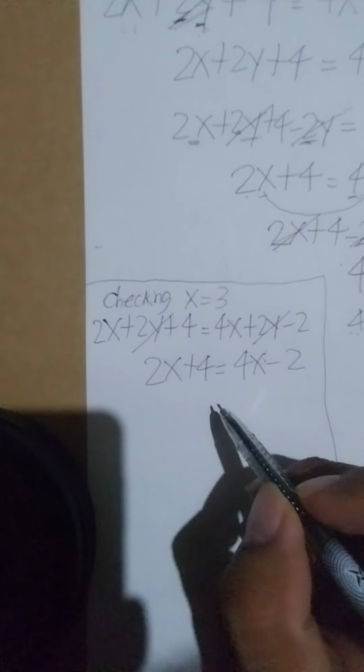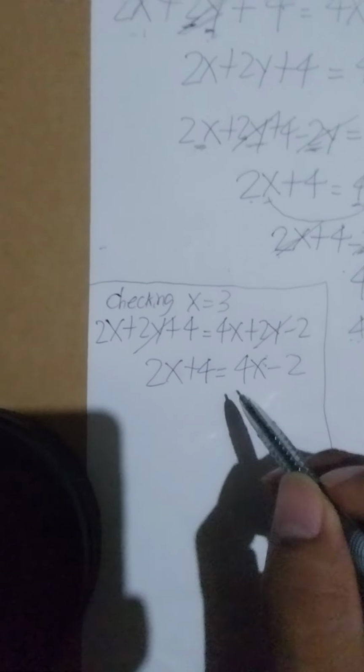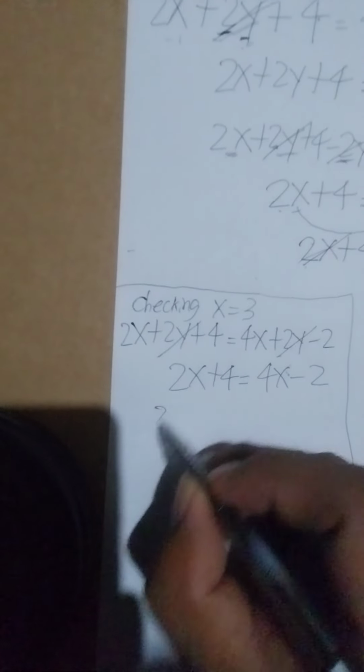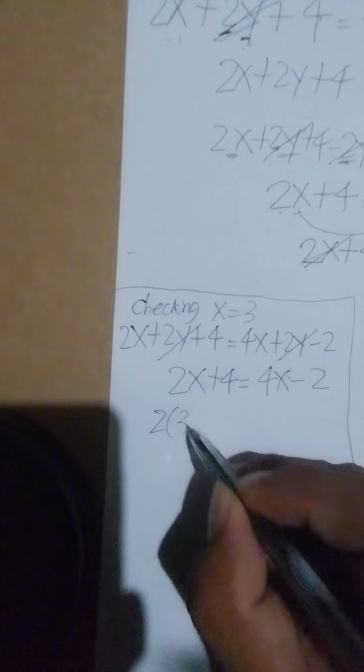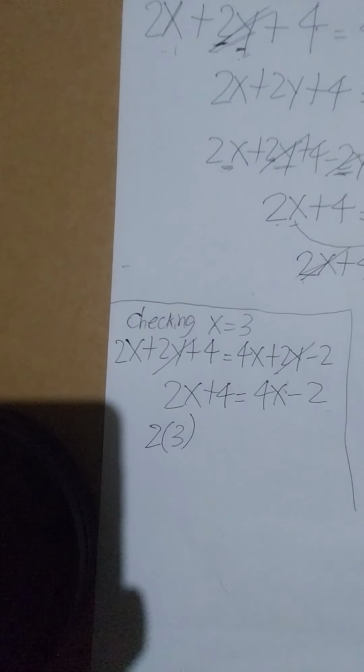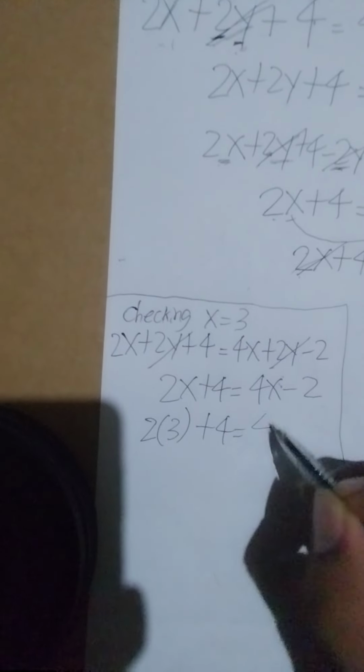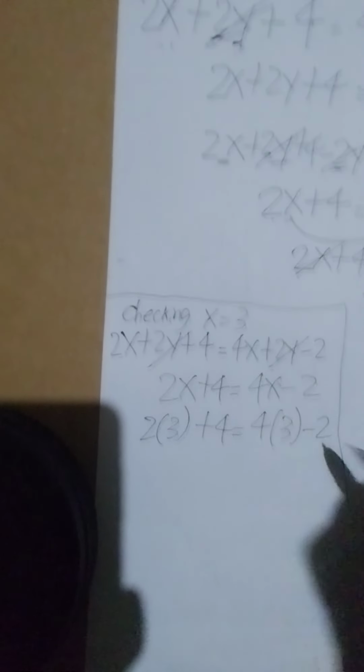Okay. So, ngayon naman, since we already have the given value, x equals 3, so instead of x ang ilalagay natin dito, we will substitute the value of x equals to 3. So, magiging 2 times 3 to siya because the value is 3 plus 4 equals to 4 times 3 minus 2.